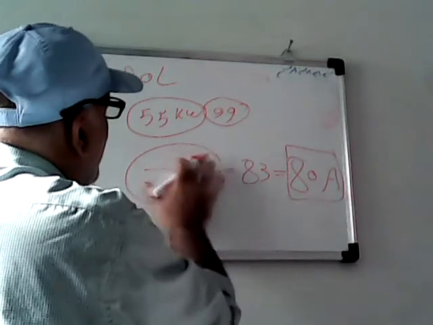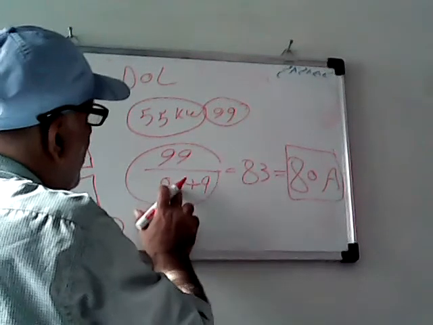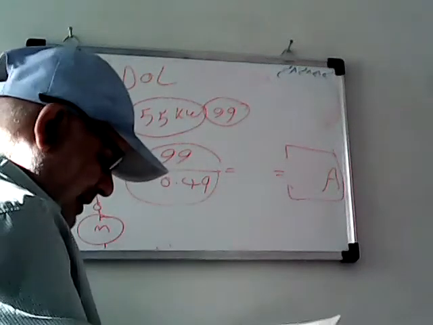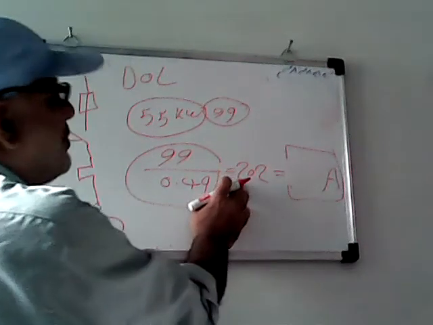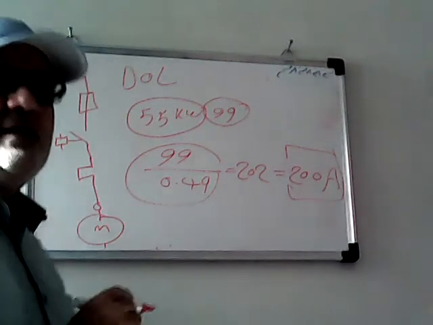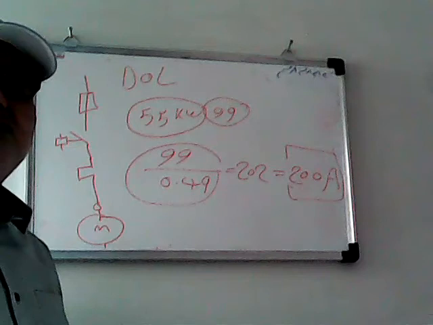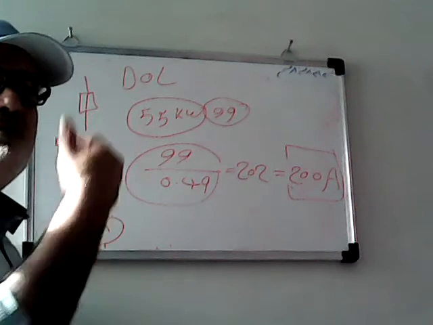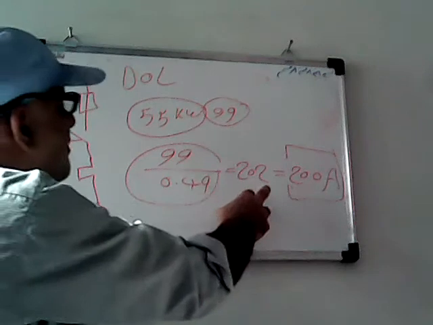Okay, you divide 99 by 0.49. It will be 202. We don't have 202 fuses. We choose the close one, 200 ampere fuses. It's very easy and fast. You can find it just by 0.49 from 2 kilowatts till 55 kilowatts.